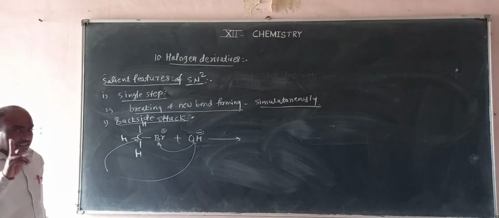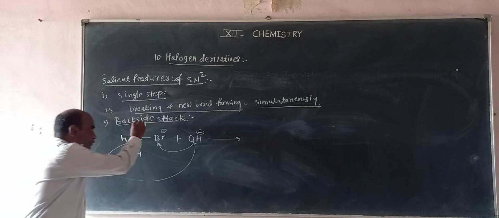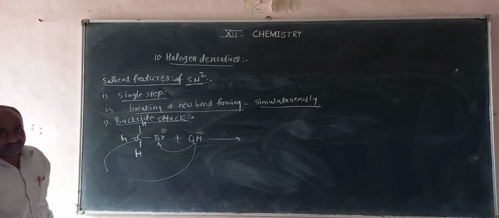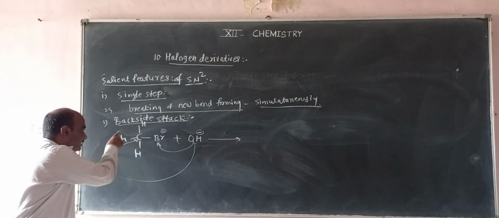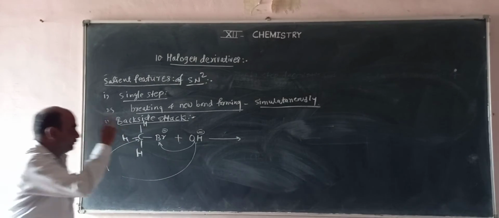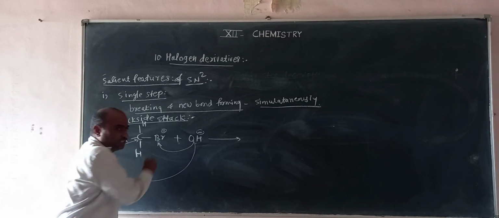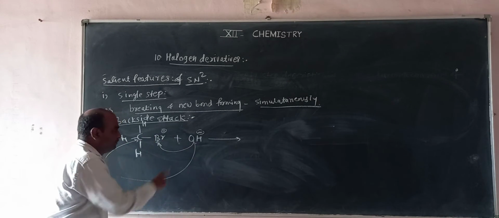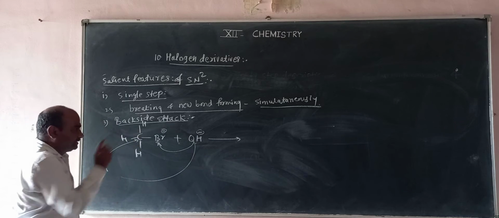See here, there are again two reasons. Due to the steric hindrance of the hydrogen atoms and due to the electrostatic repulsion of the bromine atom, backside attack takes place.